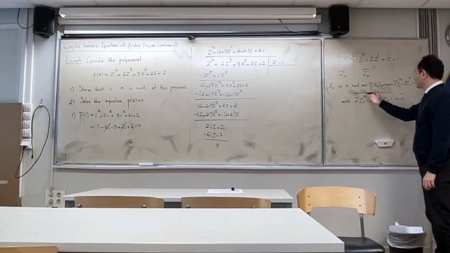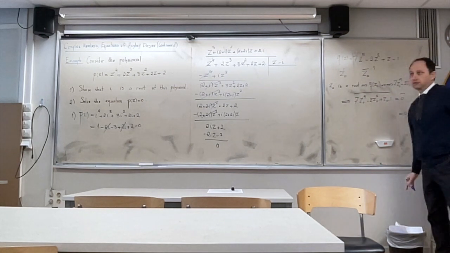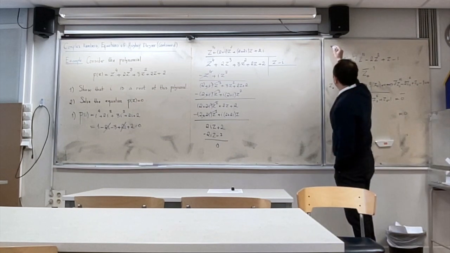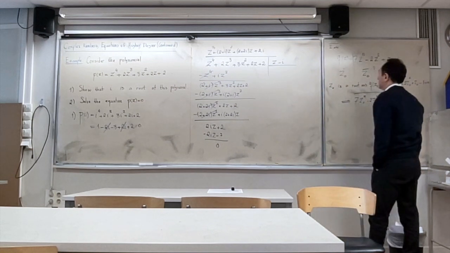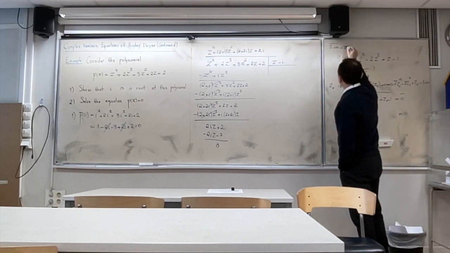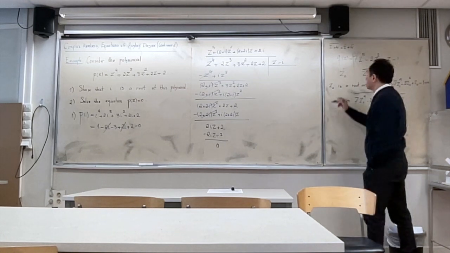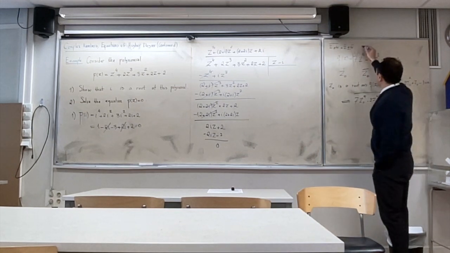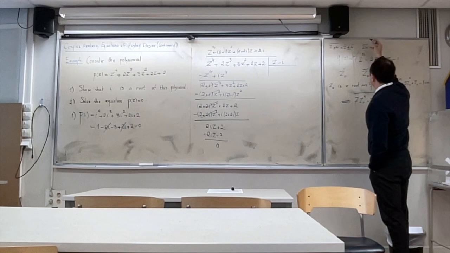But what can I write for the conjugate of this polynomial? We had a lot of properties, I hope that you haven't forgotten. One property was that if I have z plus w, and then I want to take the conjugate, I am allowed to take the conjugate of z, the conjugate of w, then add them up. The same thing is true for subtraction. The same thing is true for multiplication and division.